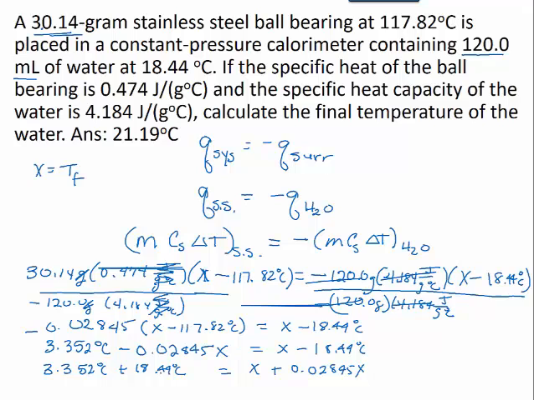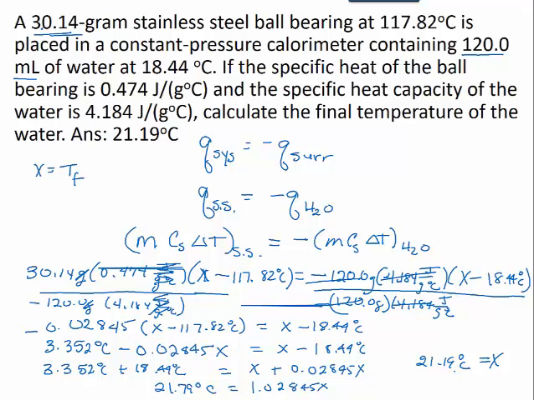When I add those numbers together, I get 21.79 degrees Celsius is equal to 1.02845x. Now I'm running out of room here, so let me just describe what I did next. I divided both sides by the 1.02845, and that leaves me with an x equal to 21.19 degrees Celsius. And that is the answer to the question.